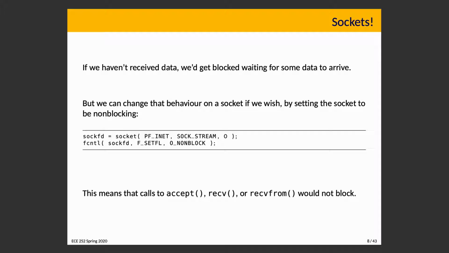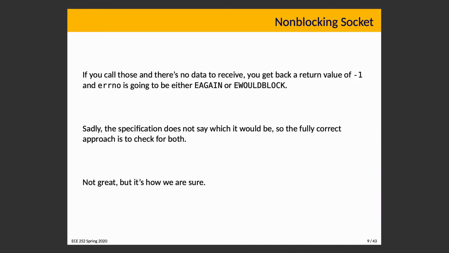All right, so what does that look like in practice? Well, if you remember from, say, talking about try-lock as a concept, you will remember that what it really means is that when we do something like try-lock on a mutex, it's our responsibility to check whether we have succeeded. We have to take a look at the return value. And that's exactly what's going to happen here. If you call those and there is no data to receive, then they return a value of -1, and the errno variable will be set to either EAGAIN or EWOULDBLOCK.